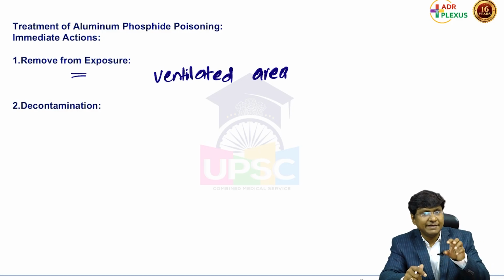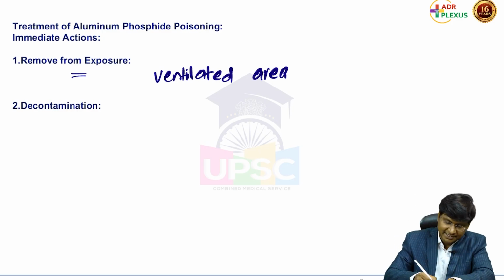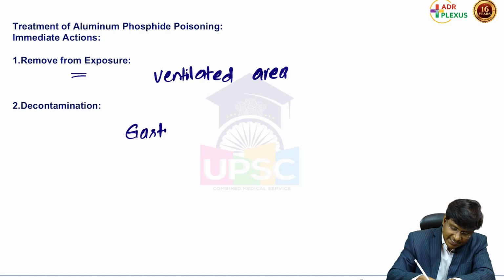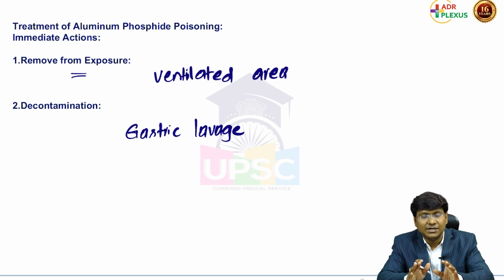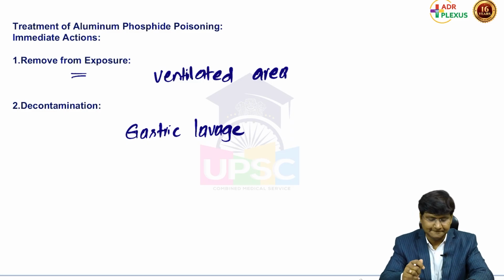If it is a recent ingestion, then you can consider gastric lavage, but it should be done with caution due to risk of perforation and further exposure to the phosphine gas. Activated charcoal is generally not effective in aluminium phosphide poisoning.